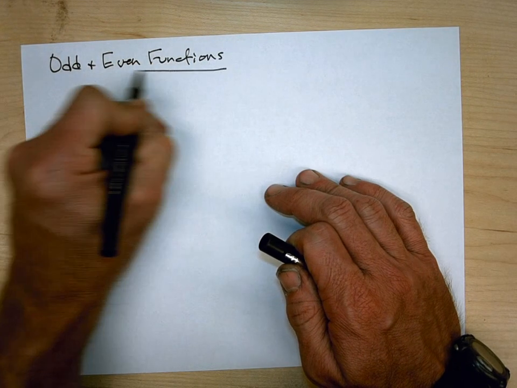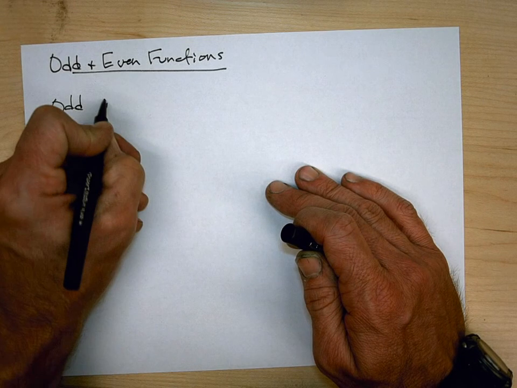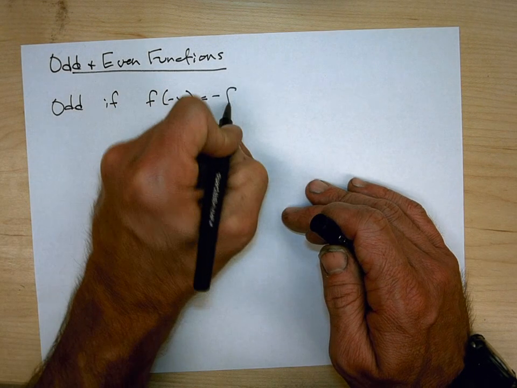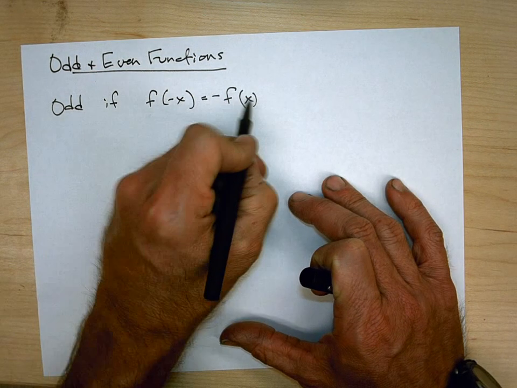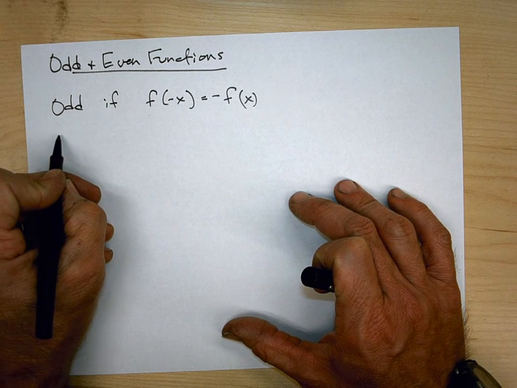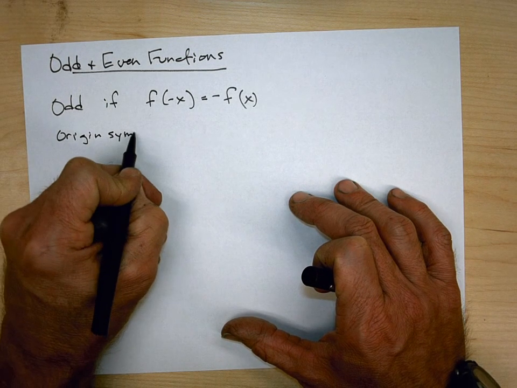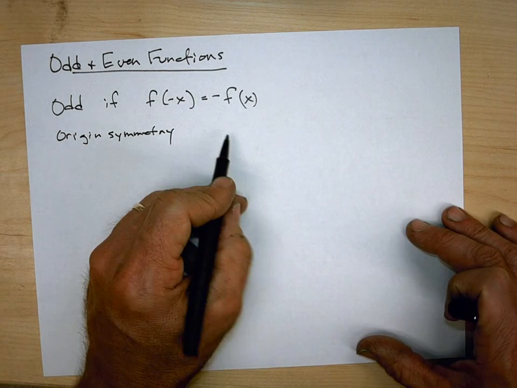So we say a function is odd if f of negative x equals negative f of x. In other words, if I make x negative, it makes y negative. This is basically just origin symmetry. If the function has origin symmetry, then it's an odd function.